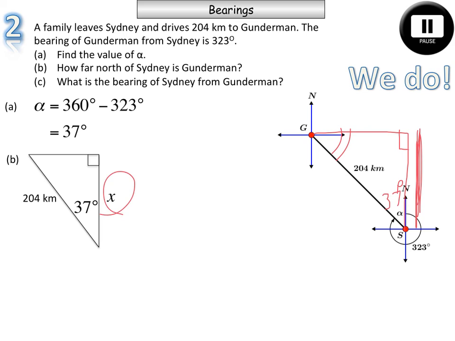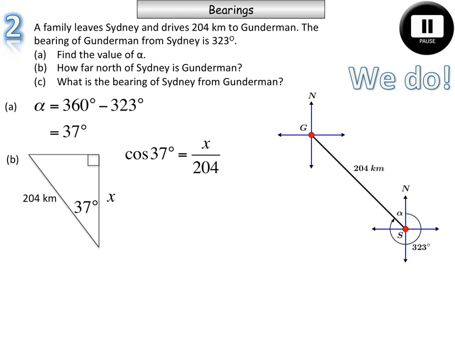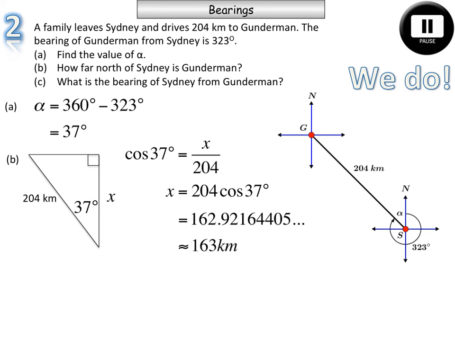Let's call it x. In this case, we're using adjacent and hypotenuse, so that's the cosine. So cos 37 equals x on 204. Multiply both sides by 204 and use your calculator, and to the nearest kilometre it's 163 kilometres.